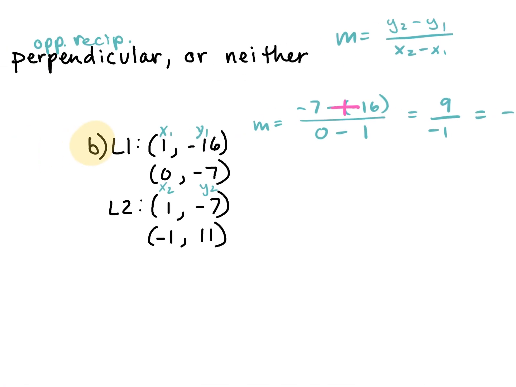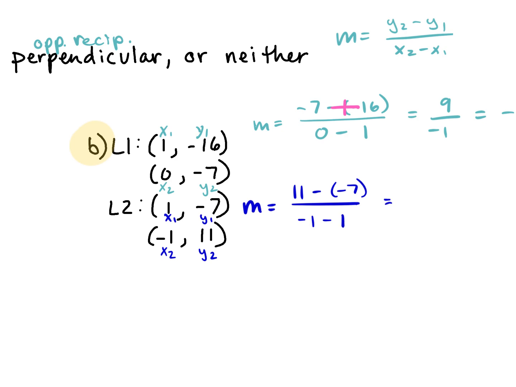Let's find the slope of line 2. So again, I'm going to label x1, y1, x2, y2. So 11 minus -7 over -1 minus 1.